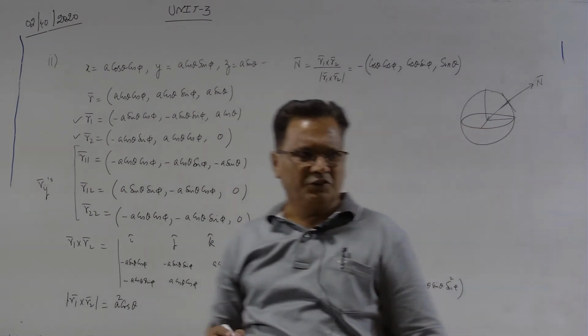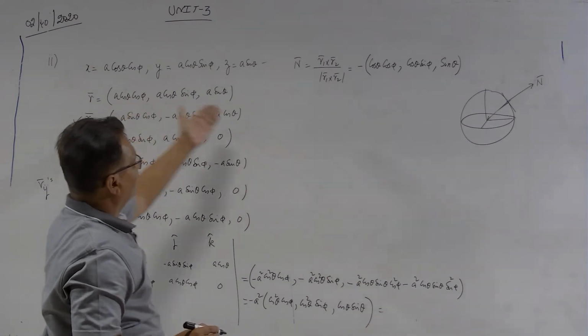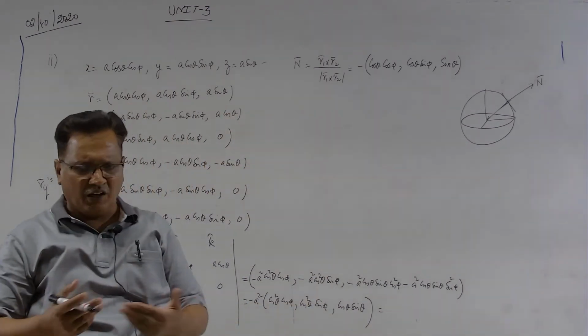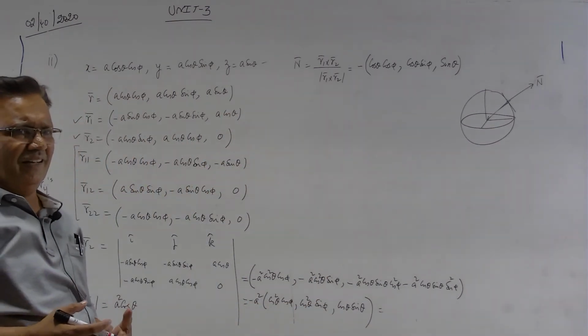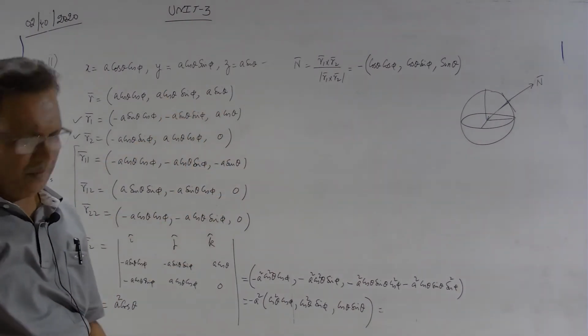Okay. So, that is why you are observing that the radius vector and the normal vector are just opposite to each other, and its magnitude should be 1. So, magnitude is 1. Okay. So, this is the normal.